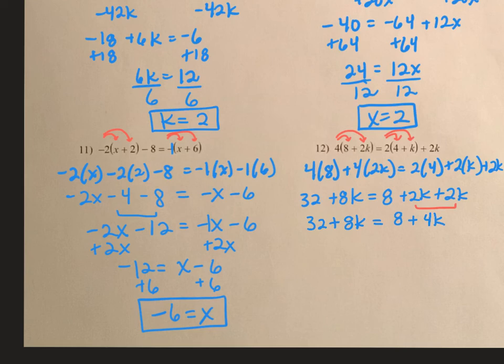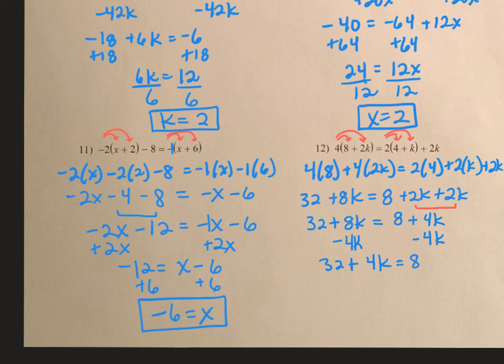Okay, now my next step, move my smallest variable. 4k is smaller than 8k, so minus 4k, minus 4k. I'm left with 32 plus 8k minus 4k, which is positive 4k, equals 8.